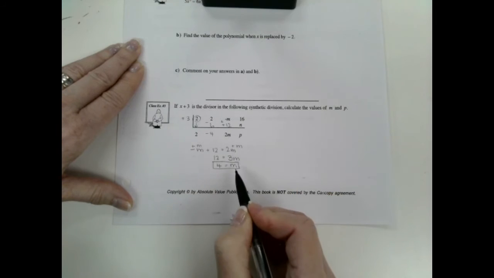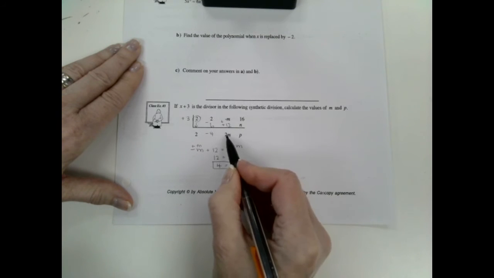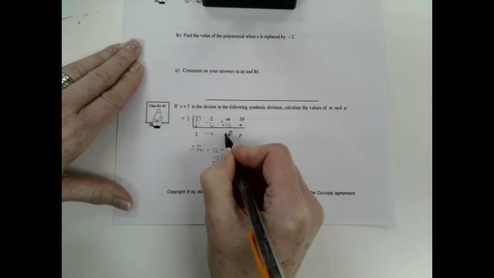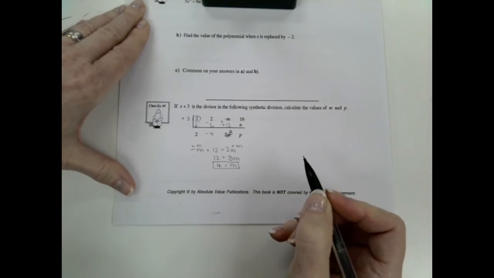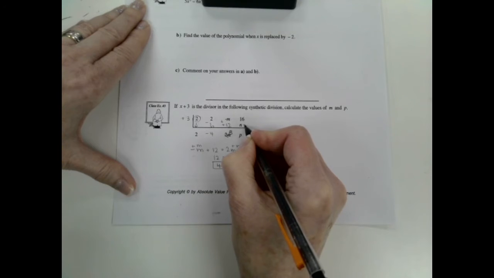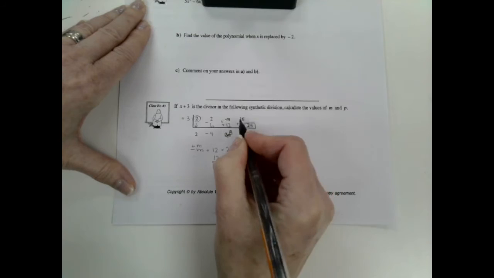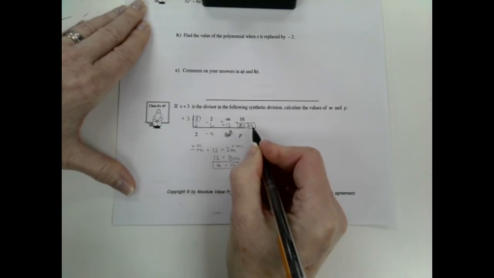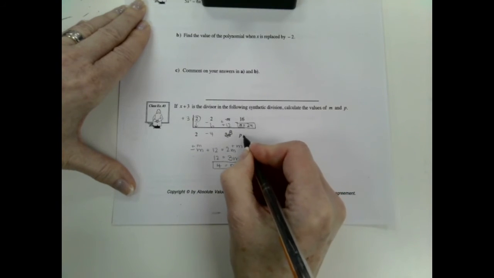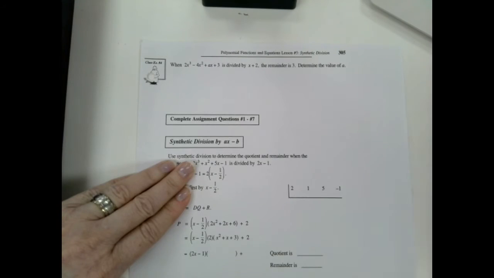Well, I know this section is 2m, so that would be 4 times 2 would be 8 for here, so I'm just going to use that as I work through the next part. 3 times 8 is 24, so n must be 24. And then I'm subtracting, so 16 take away 24 is negative 8, which must be p. Nice, eh?